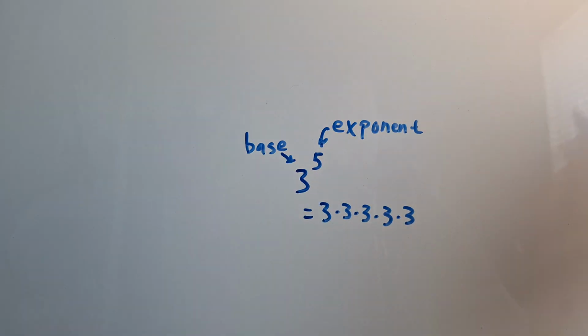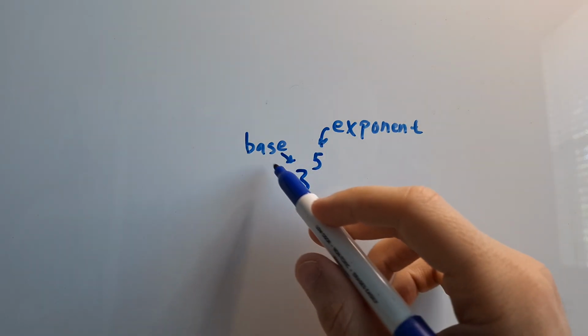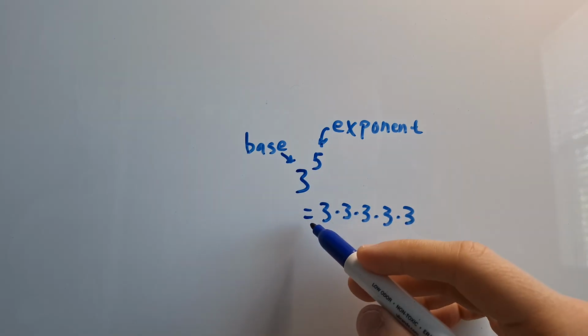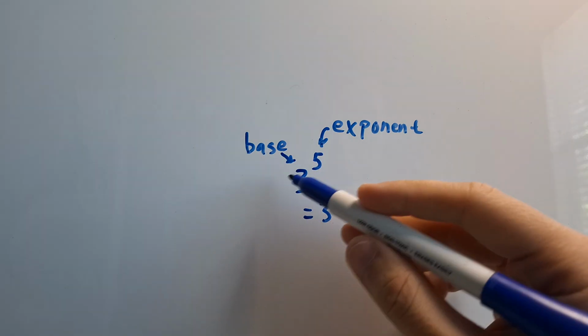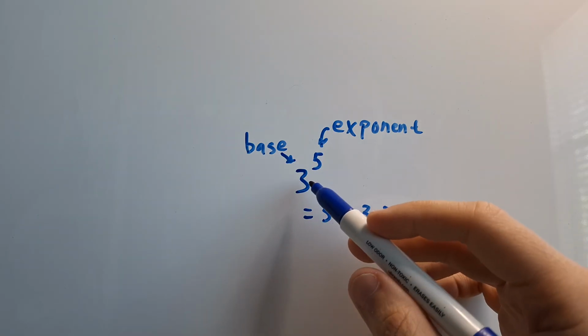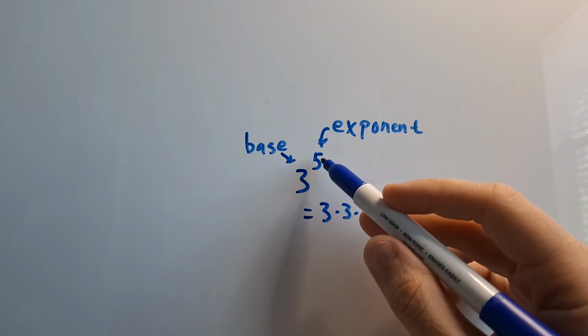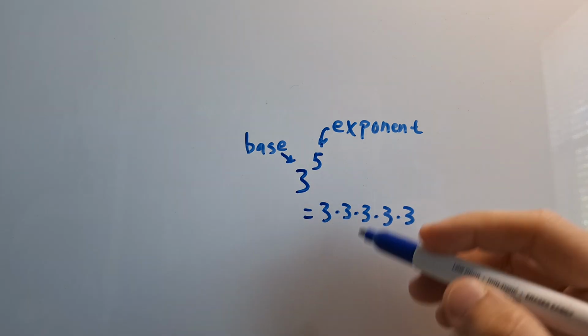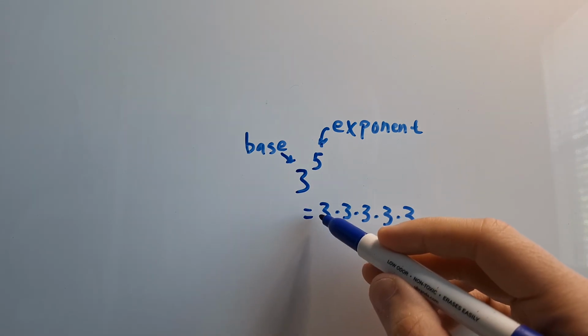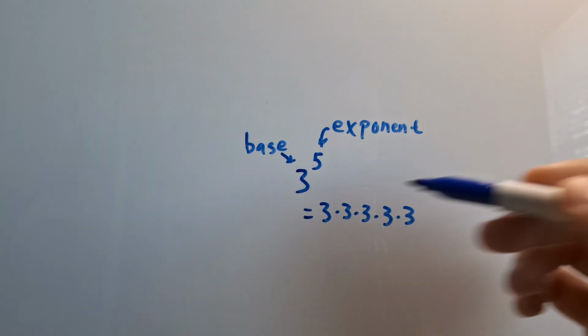Either interpretation is correct, but 3 here is referred to as the base. So in any exponential form, you have a base that's being raised to a specific exponent. Here, in this case, we have 3 multiplied by itself 5 times. This is read as 3 to the 5th power.